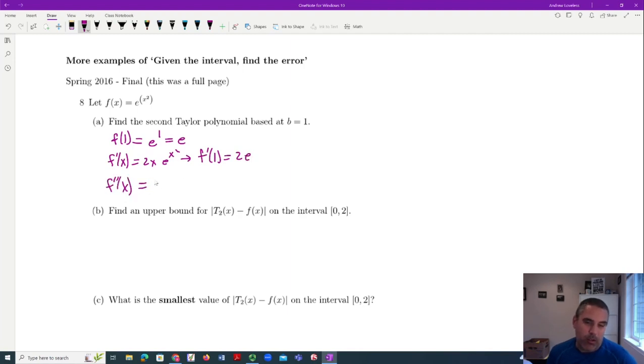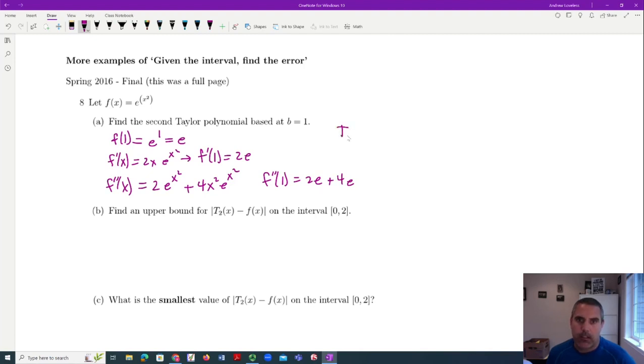And now I'm going to need a product rule. Derivative of the first times the second plus the derivative of the second times the first. That means f double prime of 1 is 2e plus 4e, so 6e.